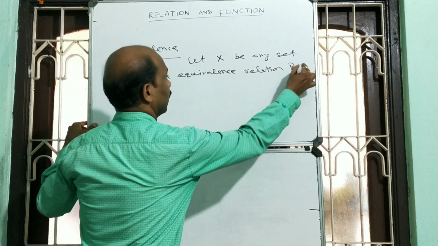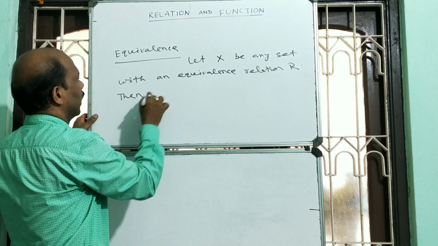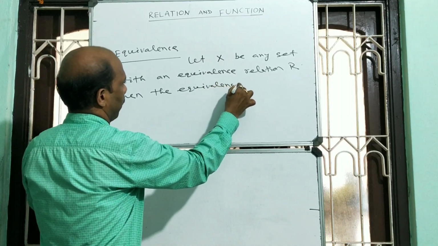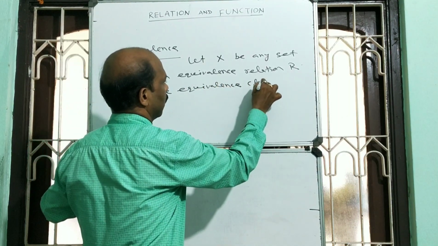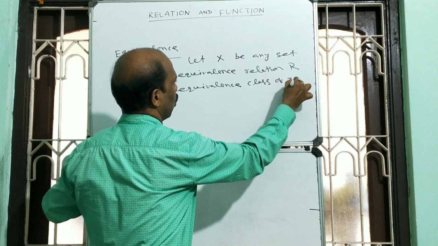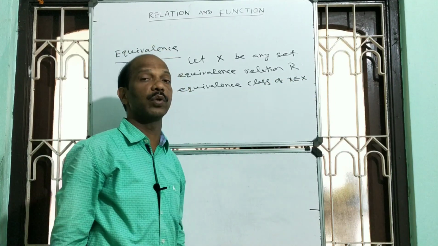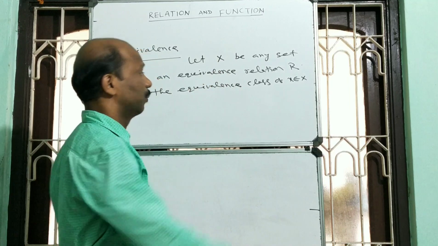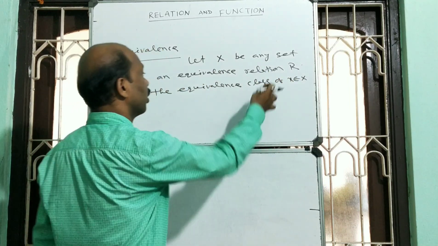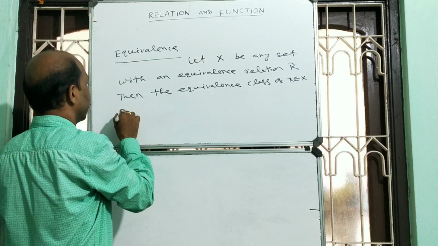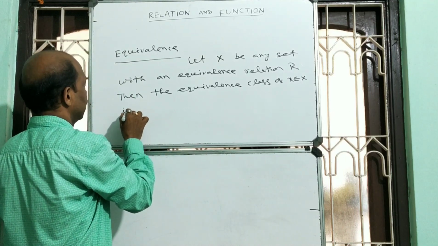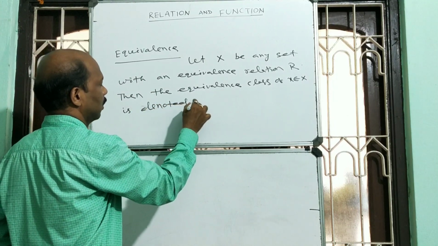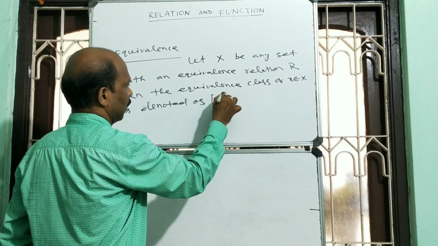Then the equivalence class of small x belongs to capital X. That means we can find the equivalence class of each and every element of the set X. If small x is an element of X, then the equivalence class of x is denoted like this.